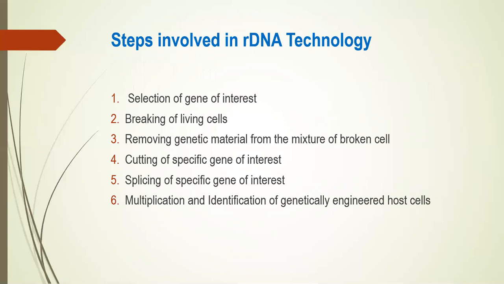This slide shows the steps involved in recombinant DNA technology, or the procedure of recombinant DNA technology. The various steps involved in preparation of rDNA in Escherichia coli are as follows. The first step is the selection of the gene of interest. Second is breaking of living cells, which can be achieved by two different methods: mechanical forces or chemical treatment.